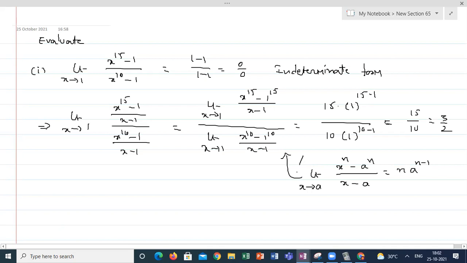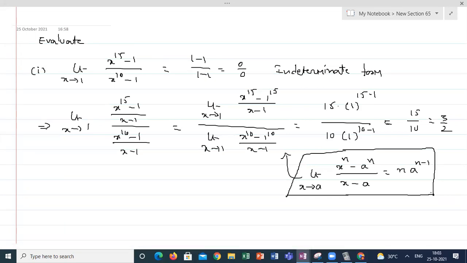This formula I applied here. If you are clear, I will go to one more question. Students, clear? Shall I move to one more question? Yes, sir.